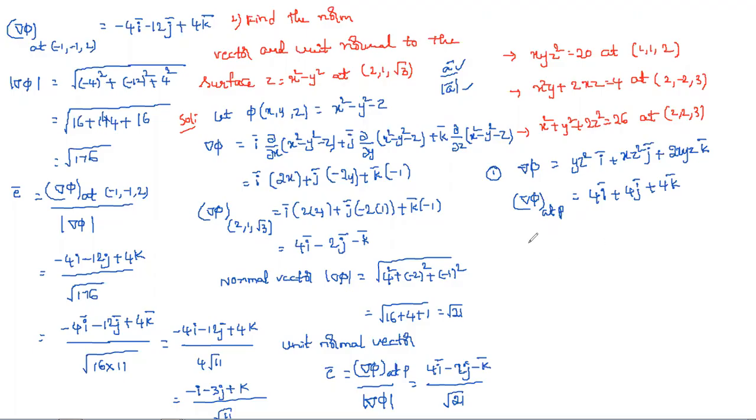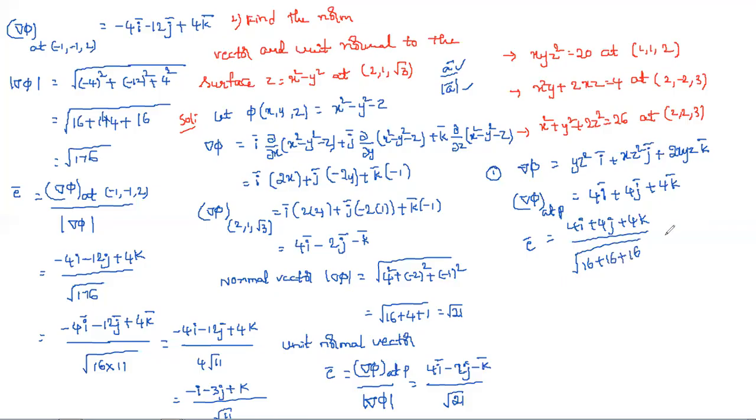Next, the unit normal vector e bar is equal to (4i plus 4j plus 4k) by square root of 16 plus 16 plus 16.